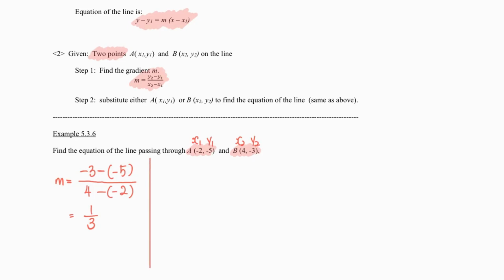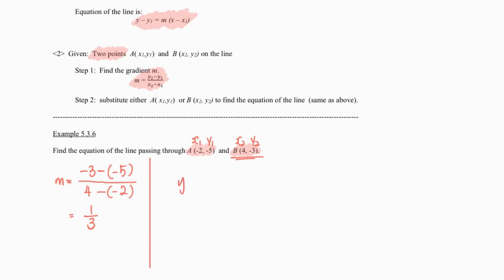Okay, so put my ruler aside. I'm going to just choose, either one will do. Both will give you the same answer. Okay, I'm going to choose B because there's less negative number.